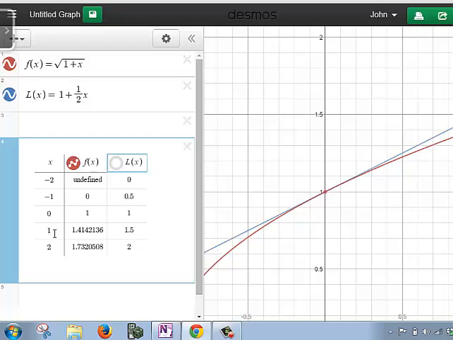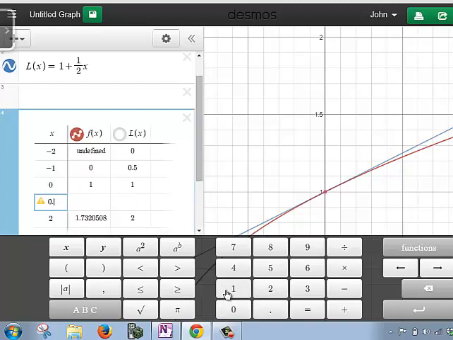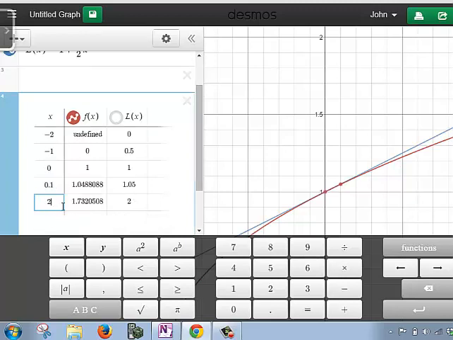How close? Well, on the table here, since the center of approximation is at 0, let's look at 0.1. I put in the wrong point. Let me put in 0.1. And you can see that the function and the linearization are within 0.2% or closer.